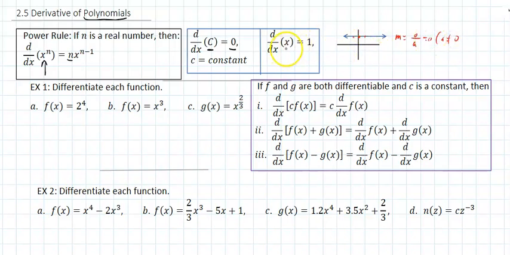And the derivative of mx is m, or the derivative of x is 1. If you think of it as the power rule, that's x to the 1. If I take a derivative of that, I bring the power down, subtract 1 from the power, and any number to the 0 power is 1, other than 0.